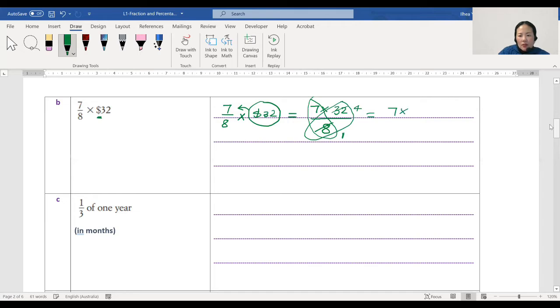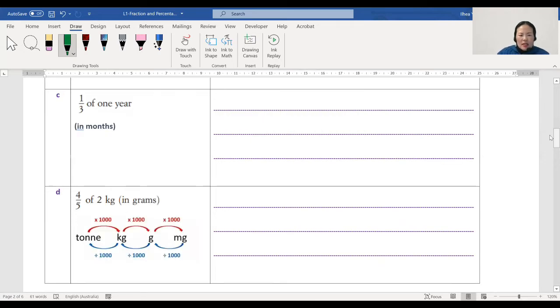I didn't do anything with it. And 32 becomes 4/1. Okay, and remember, we are not going to worry about over 1. So the answer will be just 7 times 4, which is 28. But we have to put dollars. So it's going to be $28.